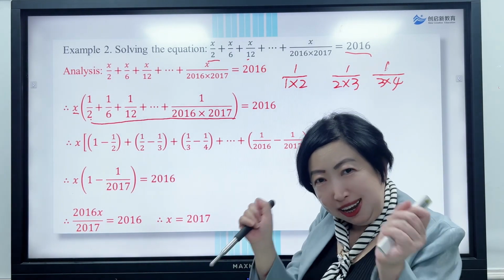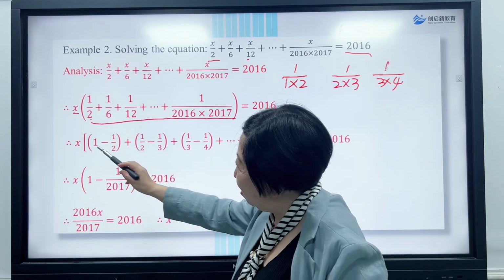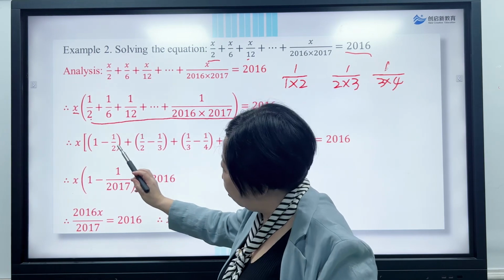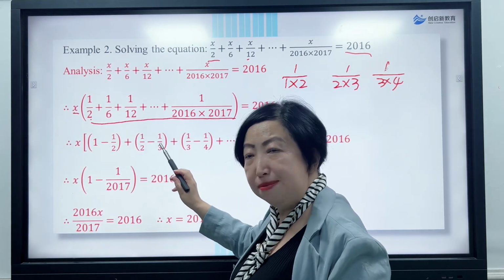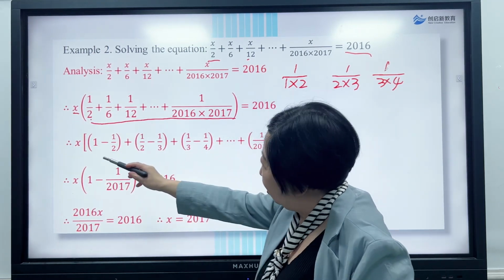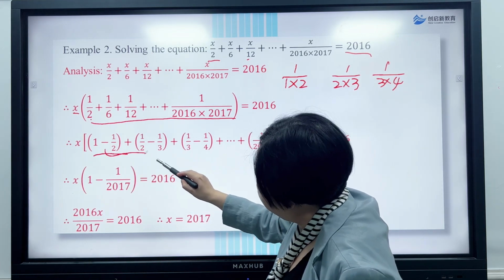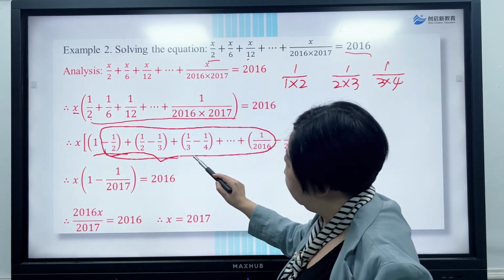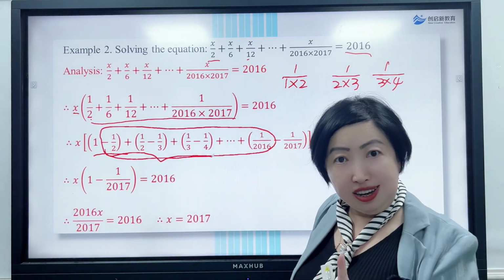Then we split it: it's 1 minus a half, then a half minus a third. Then what is the middle? The middle terms plus each other are, of course, 0.